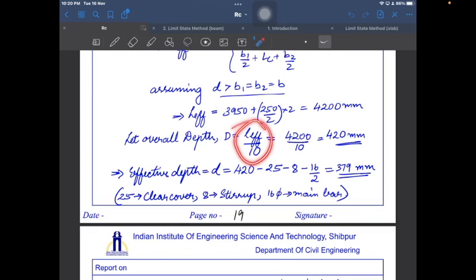So L effective by 10, or L effective by 12, anything in between these two, I can choose. L effective by 10 to L effective by 12, anything gives you the overall depth. So from here we got L effective, and from L effective we get the overall depth.